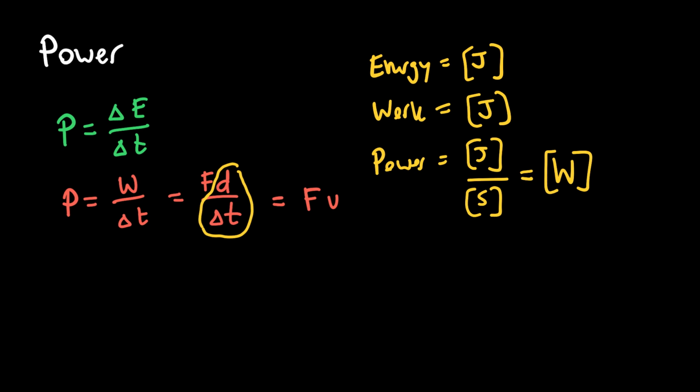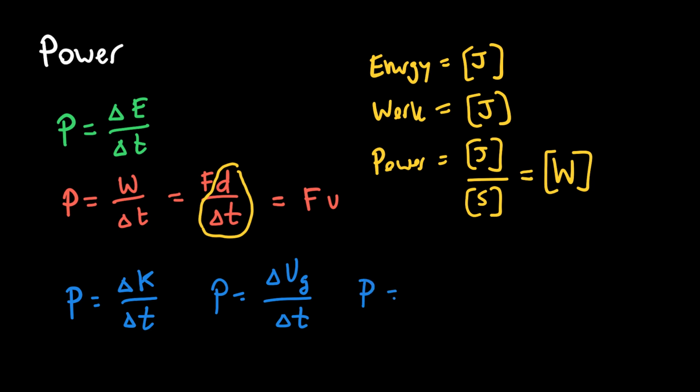It is common that we find the power output of an object using a change in its energy. We should not be afraid to write things like a change in kinetic energy that occurs in a certain time interval, or a change in gravitational potential energy that occurs in a certain time interval, or an amount of work in general that's done on an object by some force that occurs in some time interval.